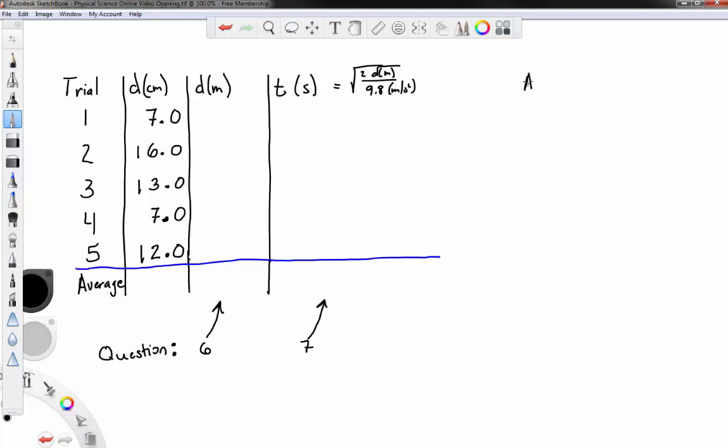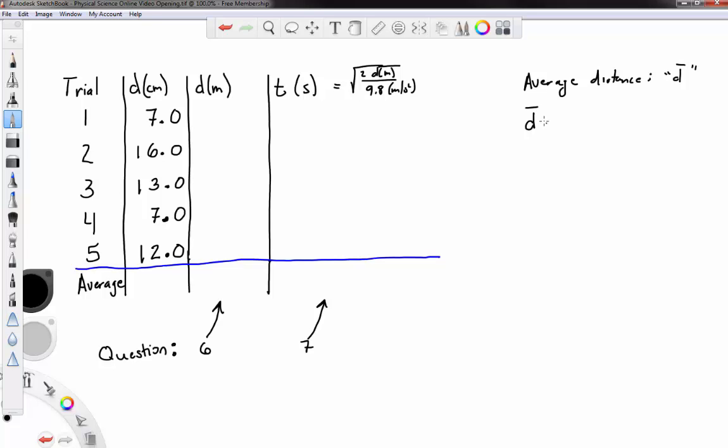So we will represent that using average distance, which is represented by a D with a bar over it.